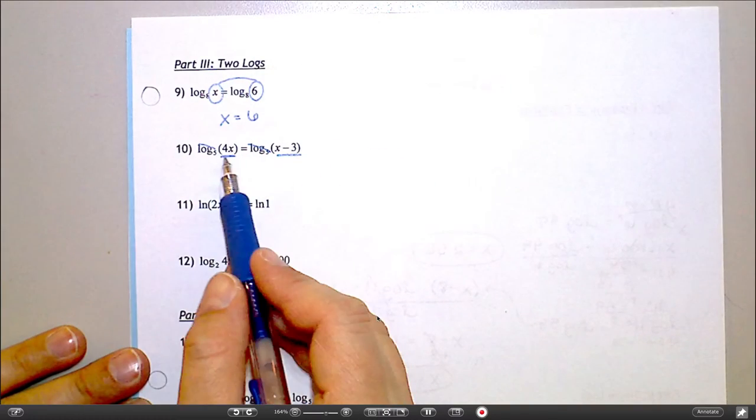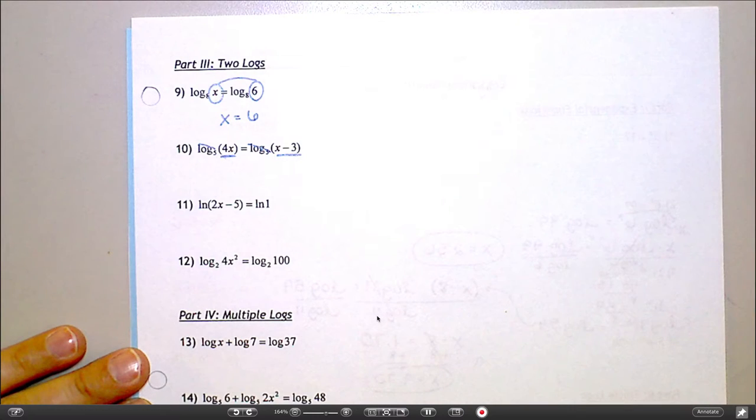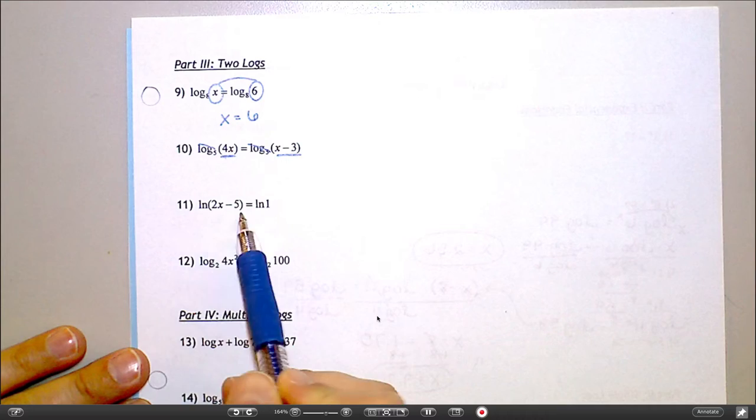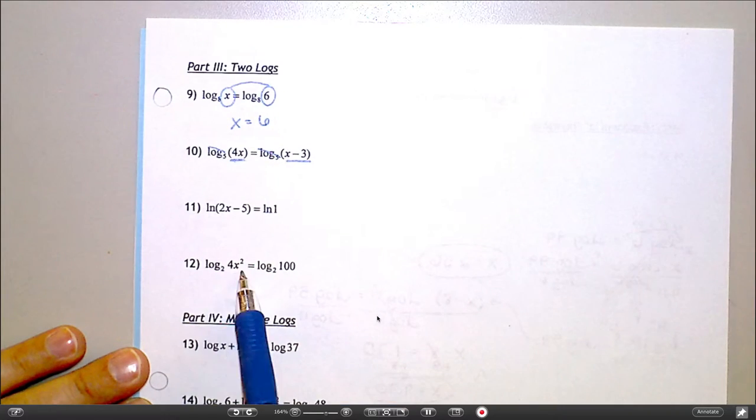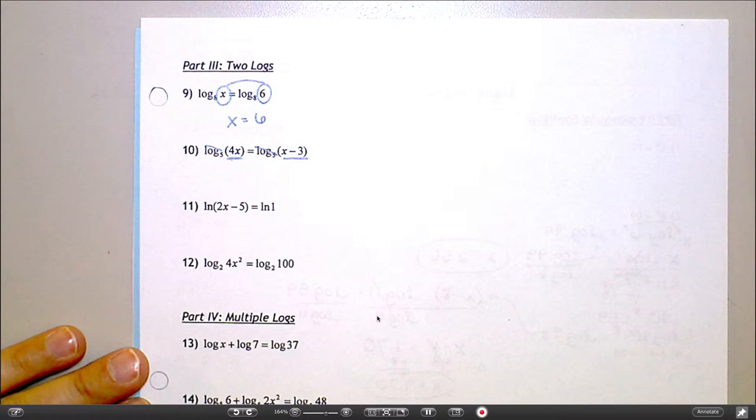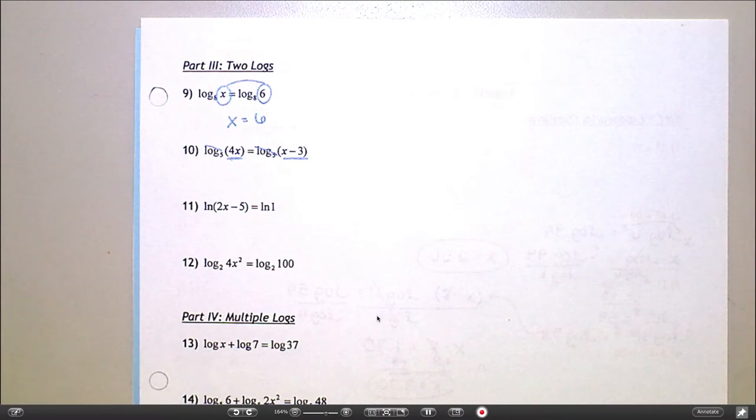And you would have 4x equals x minus 3. 2x minus 5 equals 1. 4x squared equals 100. And then you can solve from there. So when you have two of the exact same logs equal to each other, just ditch the logs. Easy enough on that section?